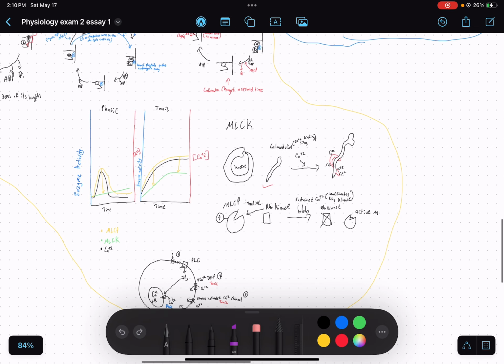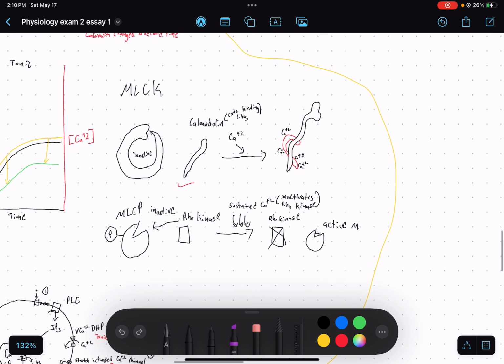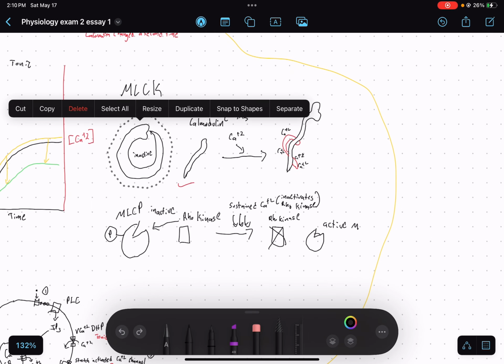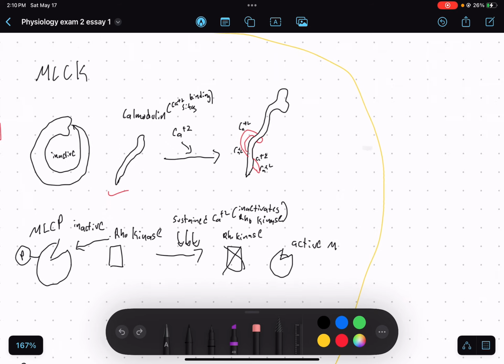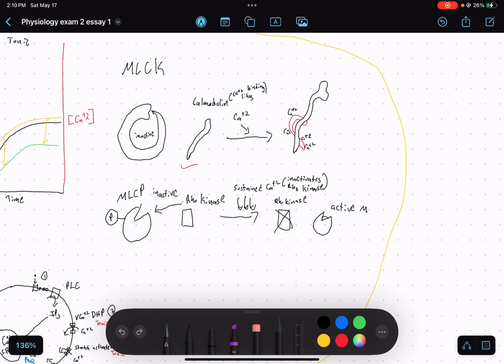And just to show you a little bit about how MLCK works, this is the inactive state of MLCK, but then calmodulin will come in, which has calcium binding sites, and that's going to bind to the MLCK, causing it to be in its active state.